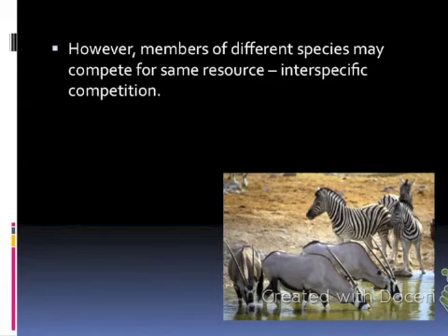Like in this picture, you have the zebras and, what are those? Okay, I have to think of the name of the other animal. Anyway, you have those animals fighting, or at least competing, for water sources in different areas. That's what we call interspecific competition, okay? Which is competition between different species for a resource.